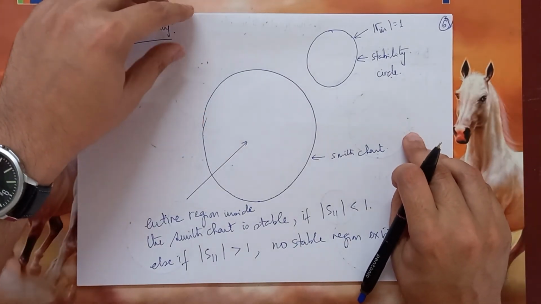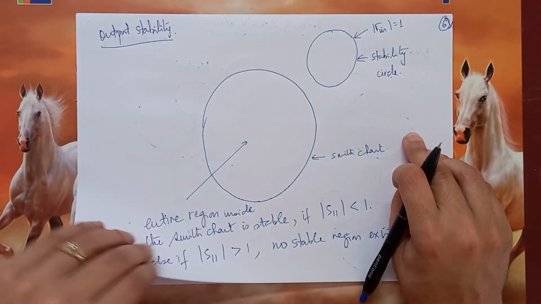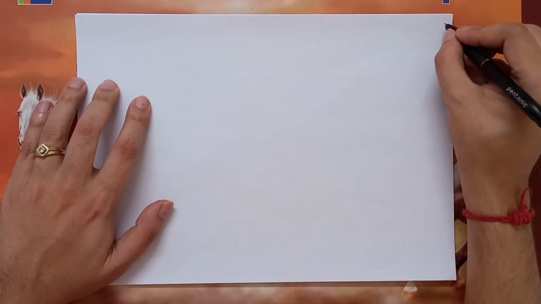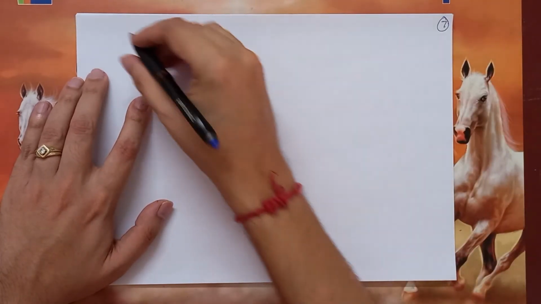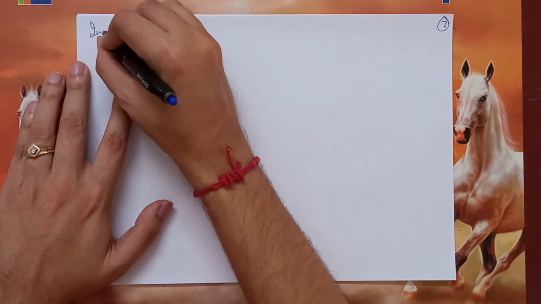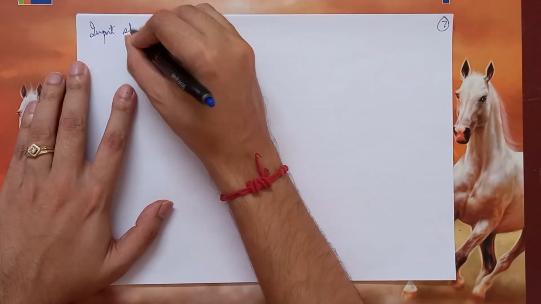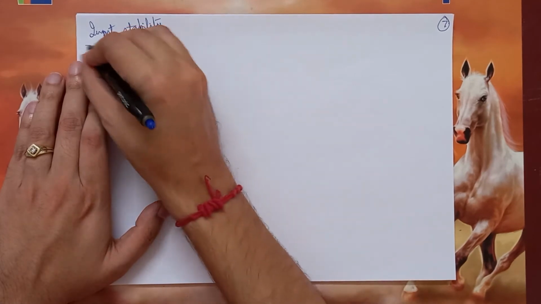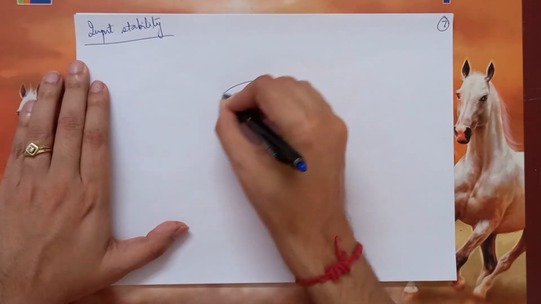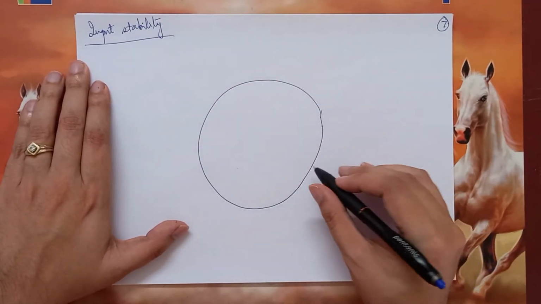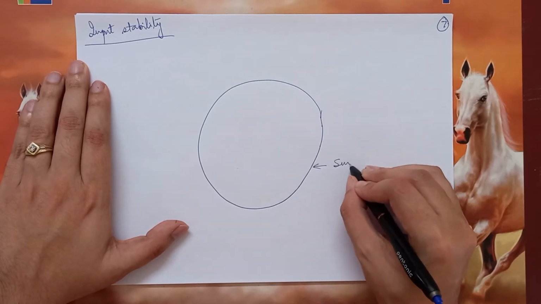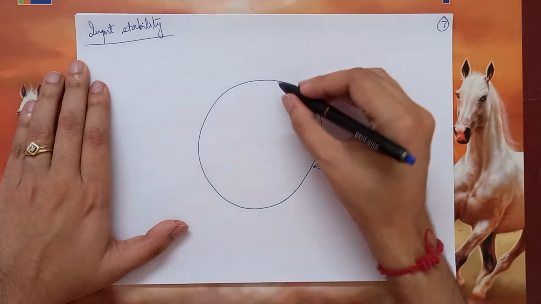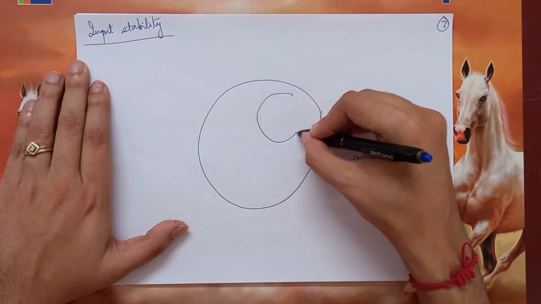Let us take a similar look for the input stability circle. Suppose this is the Smith chart. And the stability circle falls over here.